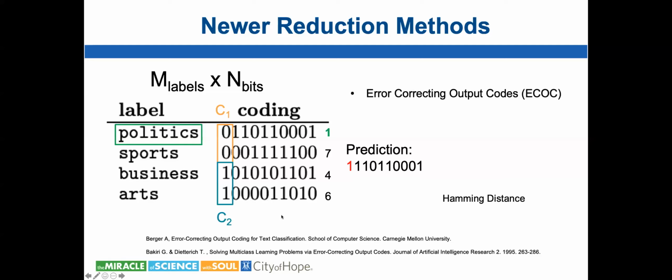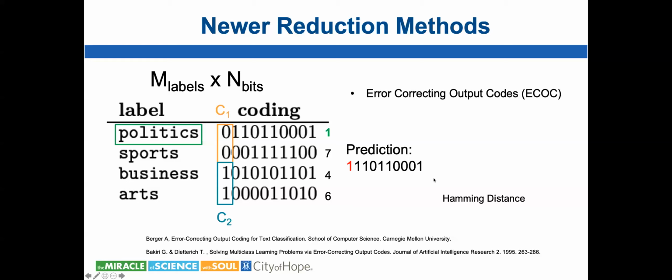Another thing that's important is, how do you get a decision from a prediction for a new instance in this scenario? Since you're getting a classifier for each of these columns, you would take each classifier and feed the features of your instance into each of them to create a new bit string. In this case, it's a 10-bit string.